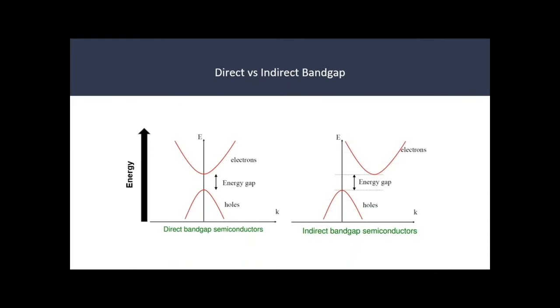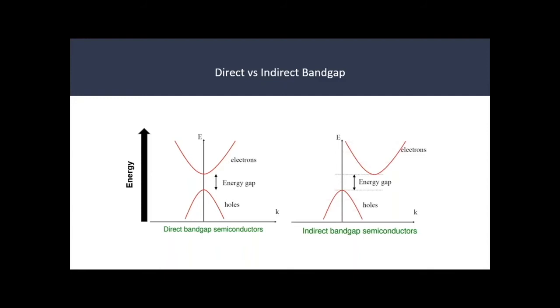But with an indirect band gap on the right, the maximum amount of energy of the valence band doesn't occur at the same momentum as the minimum amount of energy on the conduction band, meaning an electron has to gain both enough energy and momentum to make a jump. And an electron can gain the momentum with the addition of a phonon, which is a vibrational energy that is typically found in crystals.